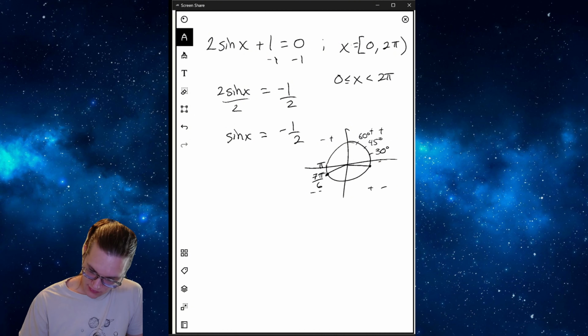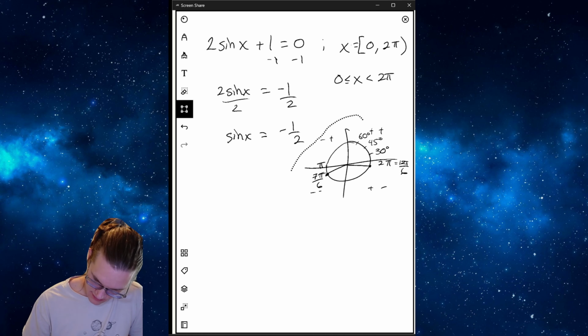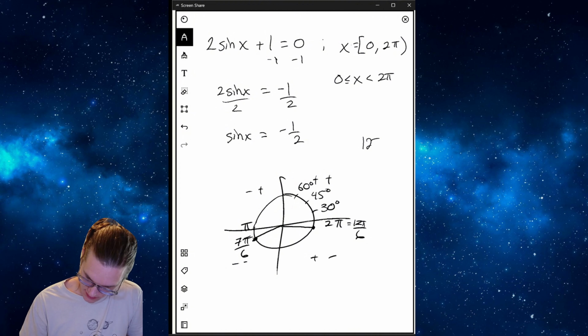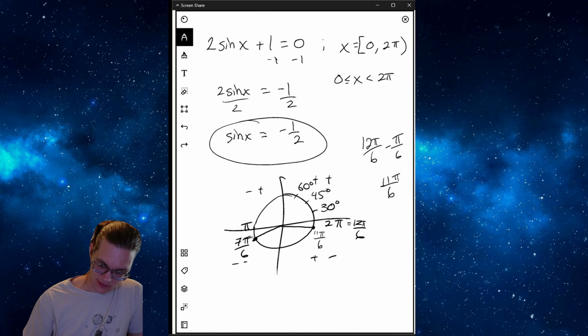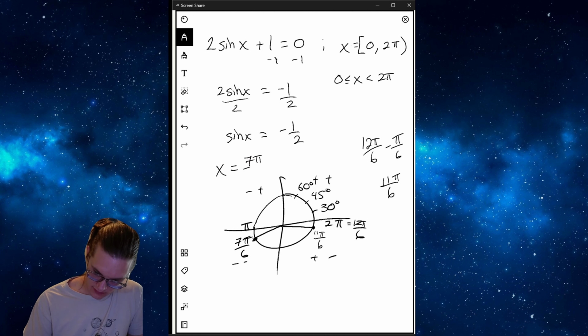You can do the same thing over here, 2 pi, which is the same as 12 pi over 6, minus this little bit of 30 degrees, which is pi over 6. So 12 pi over 6 minus pi over 6, I'm going to get 11 pi over 6. So my answers for x are 7 pi over 6 and 11 pi over 6.